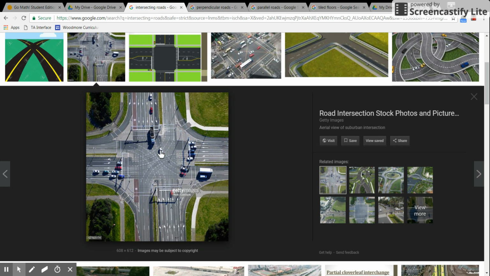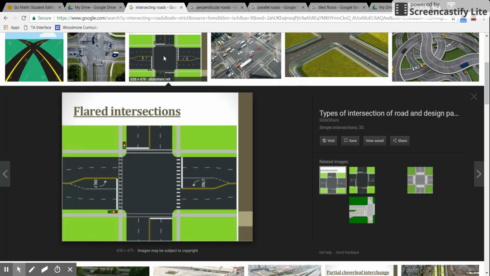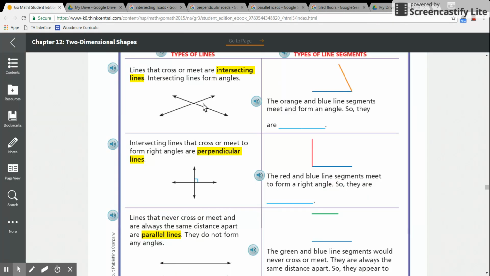That's why we have stoplights and stop signs, because they're intersecting. The cars are crossing each other. And there's all kinds of different diagrams that we could look at. Right here is an intersection. So this road is intersecting with that road. So intersecting lines are the first type of property we're going to talk about.